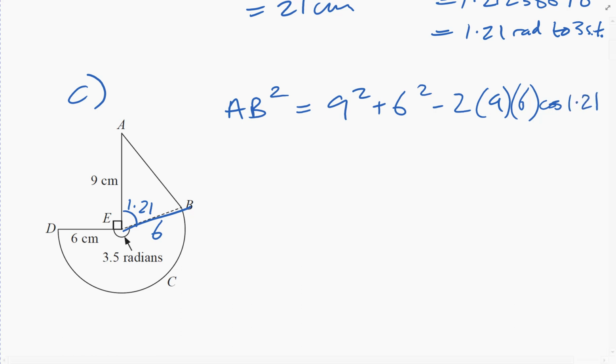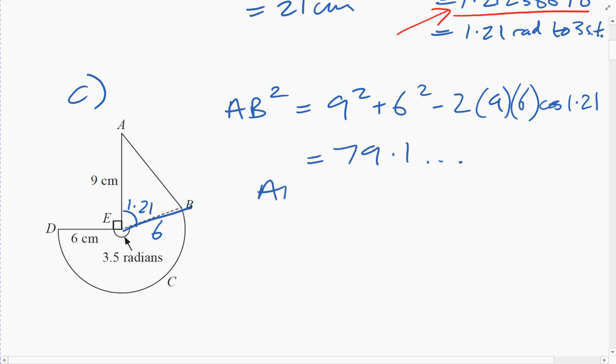A good idea is to leave the angle exact, the exact value that we had up here. So just store that in the memory, do shift and then the STO button, and then press any letter like A. If we type all that into our calculator, we'll get AB squared is 79.1 something, then square root, and so AB is 8.89.